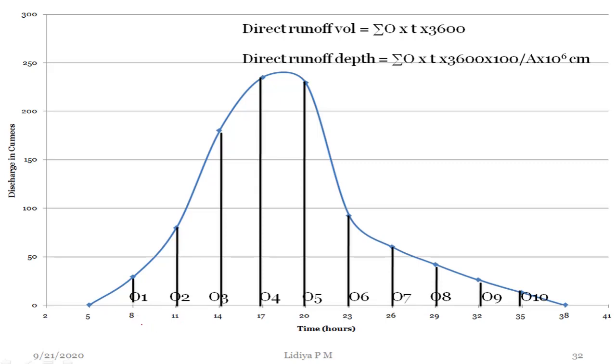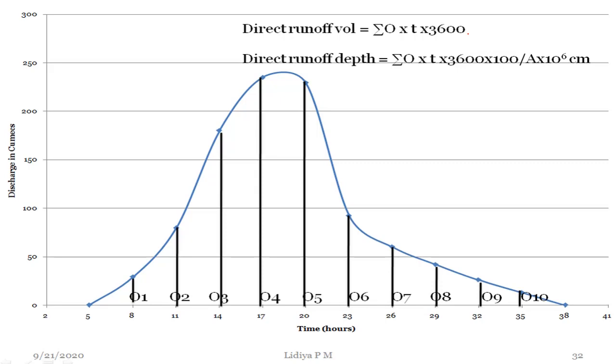The time interval, that is 5 to 8, is 3 hours. Converting 3 hours into seconds, because the discharge is in meter cube per second, we multiply hours by 3600. Then we get the volume.